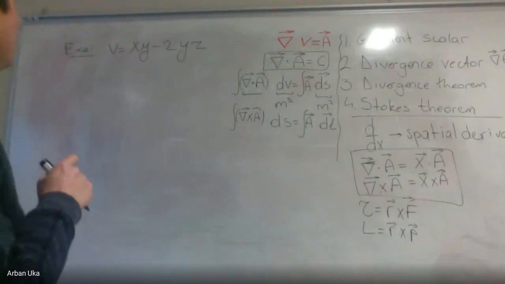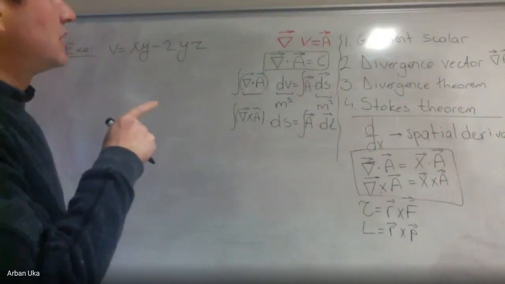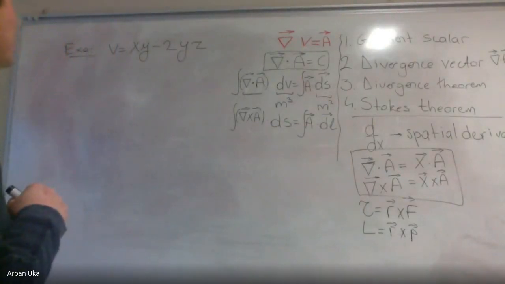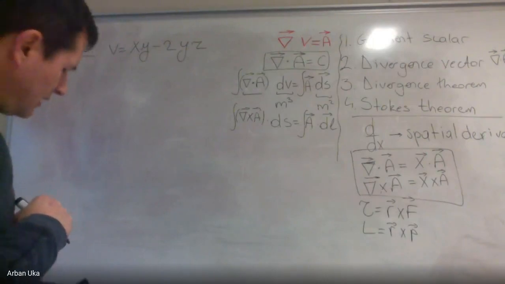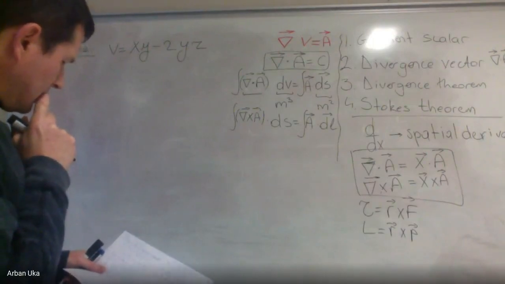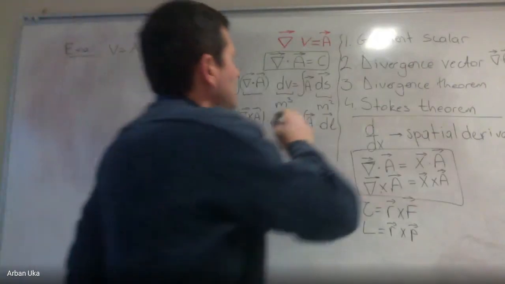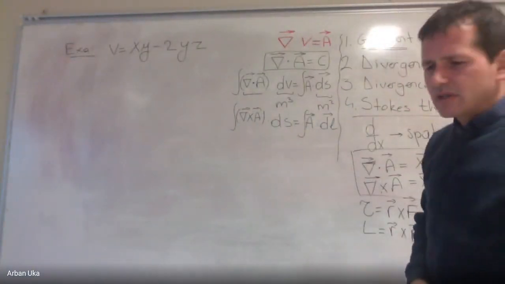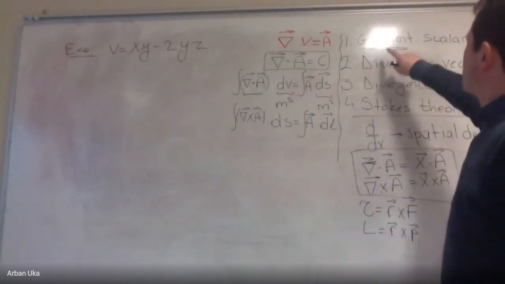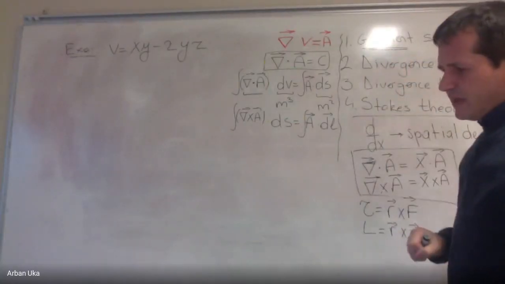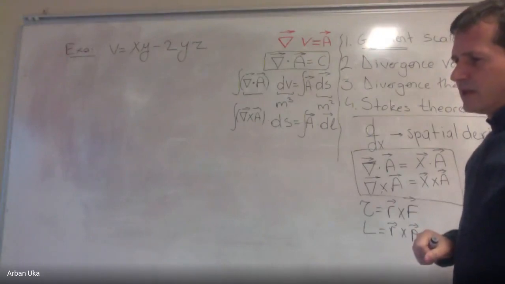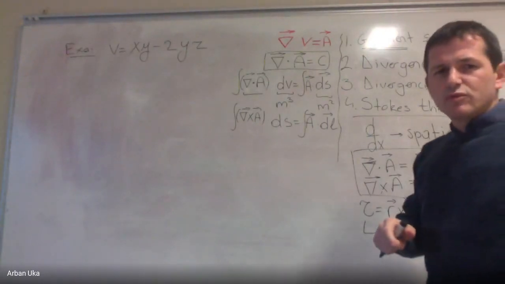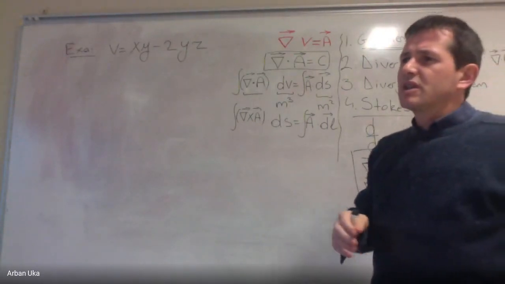So here we assume that we have a scalar quantity, V, which is a function of x, y, and z. I strongly suggest you go over the definitions in the textbook also. The gradient is defined as the direction and the magnitude of the maximum change of a scalar quantity.